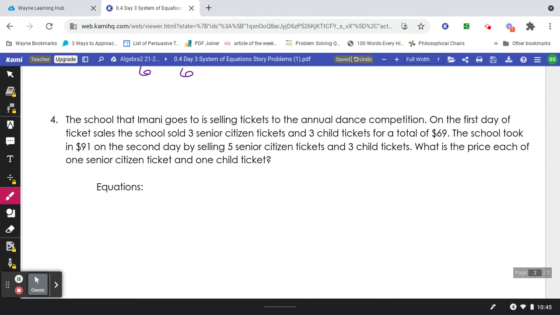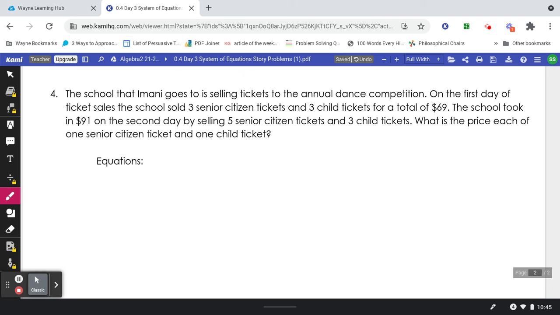Example number 4 is set up very similar. So see if you can set up this problem. You're going to set up these according to the first day and then according to the second day.